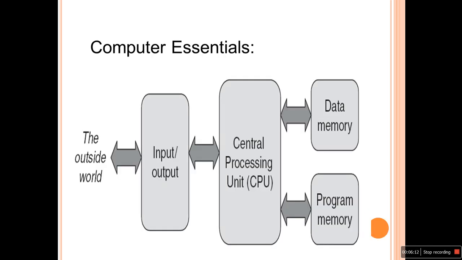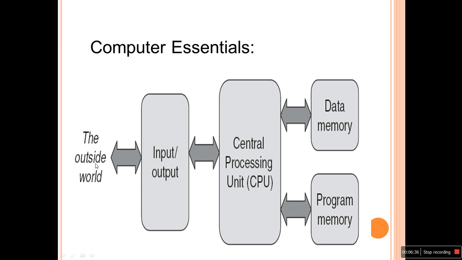Let's talk about what are the main essentials of a computer system. We know we have a CPU, which is the central processing unit, which is connected with memory sections. The memory section has two parts: data memory as well as program memory, and it is also connected with input and output ports.